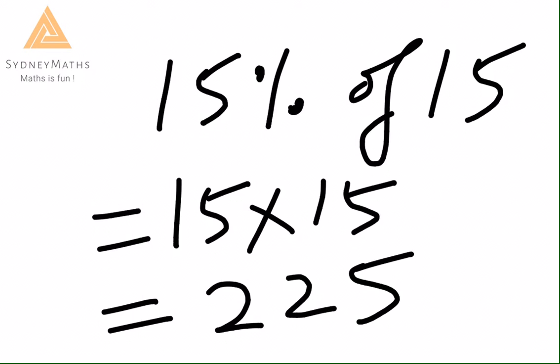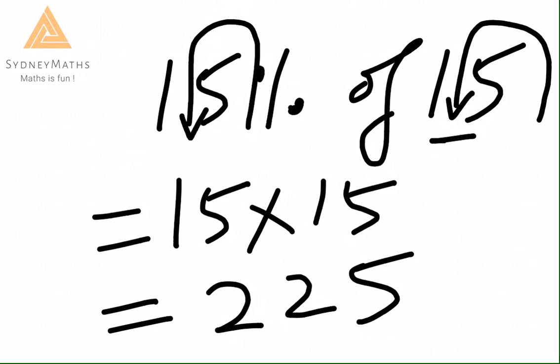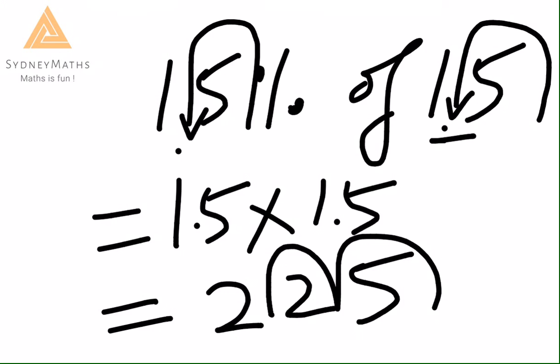And because there's no 0 here, you jump 1 decimal point. And because there's no 0 here, you jump 1 decimal point. That gives you 1.5 multiplied by 1.5. And in your final answer, you jump 2 decimal points, which gives you 2.25.